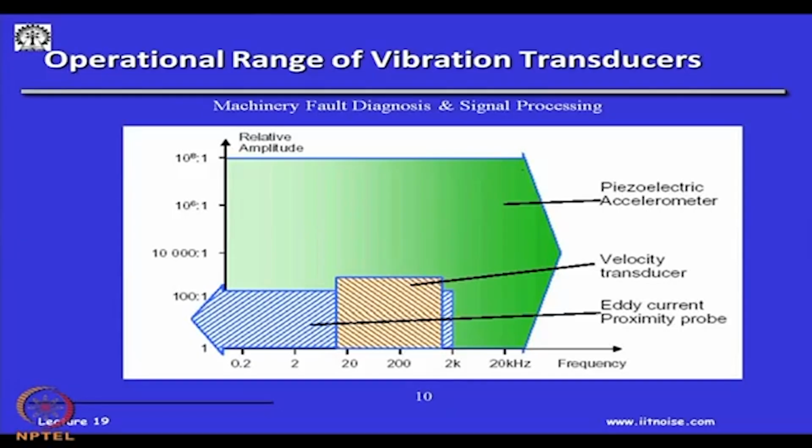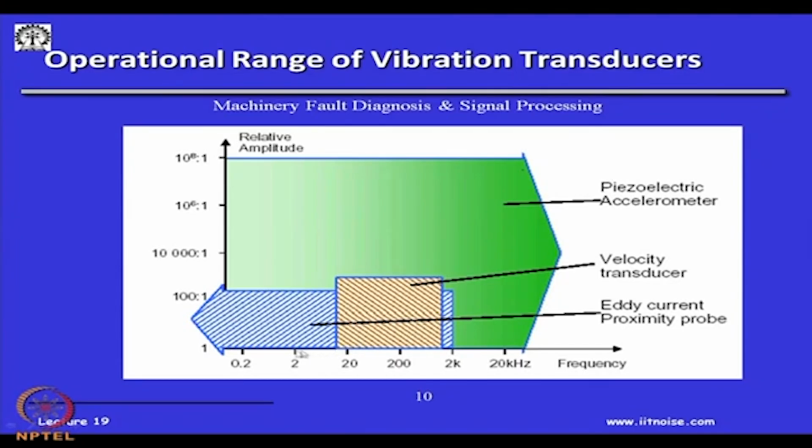So, now that we know about the three types of transducers, you see this is the eddy current probe, the velocity transducer and the piezoelectric accelerometer. If you see their frequency range and the relative amplitude which they can measure, the eddy current probe can measure low frequency and the limit is about 2 kilohertz and the range is not much.